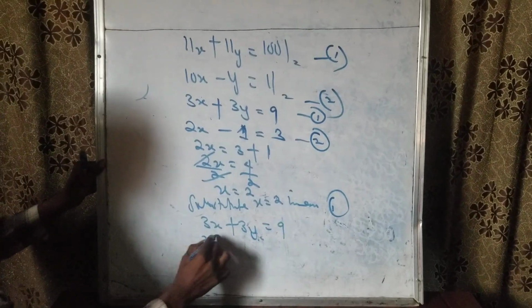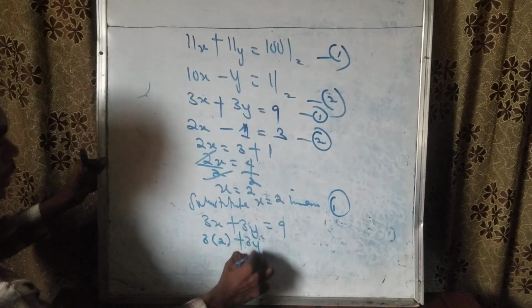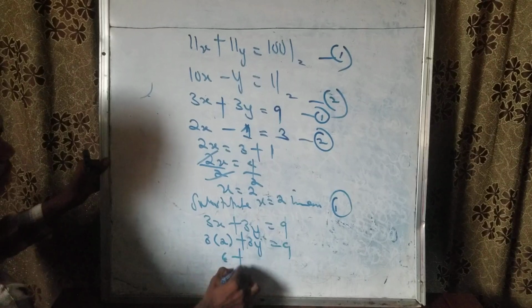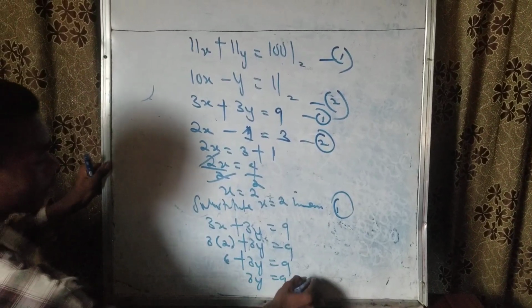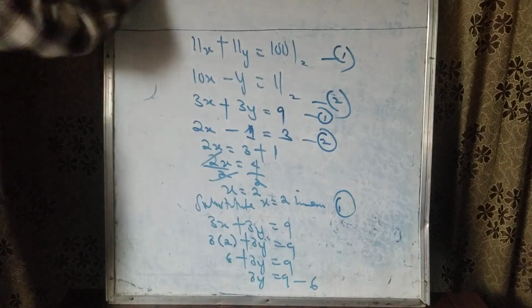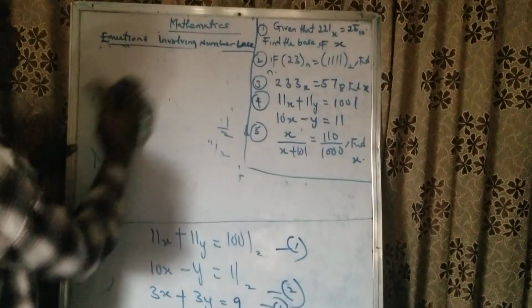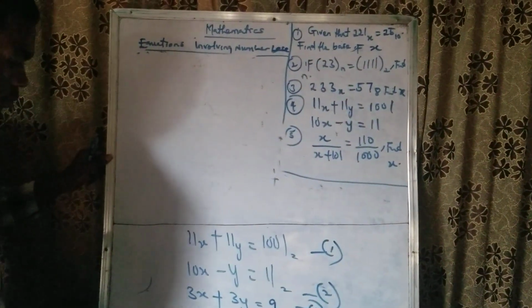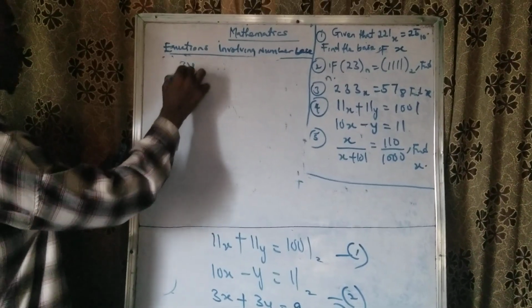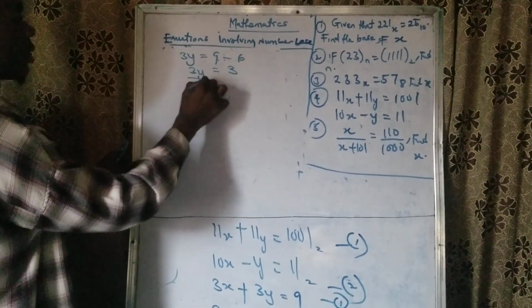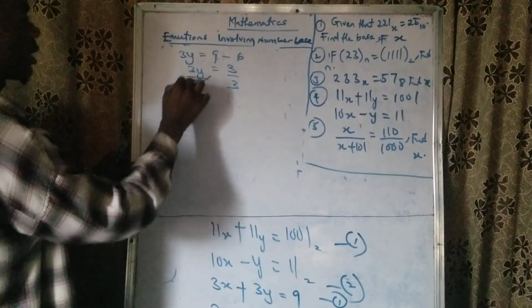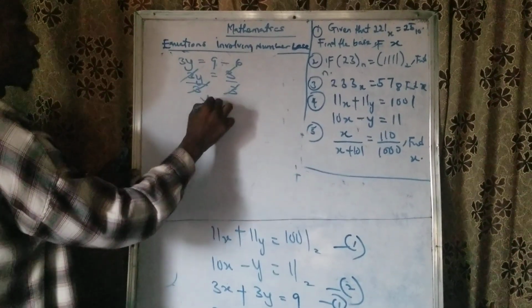That will be 3 into bracket 2 plus 3y equals to 9. That's 6 plus 3y equals to 9. That's 3y equals to 9 minus 6. So 3y equals to 3. You divide both sides by 3, and the value of y equals to 1.